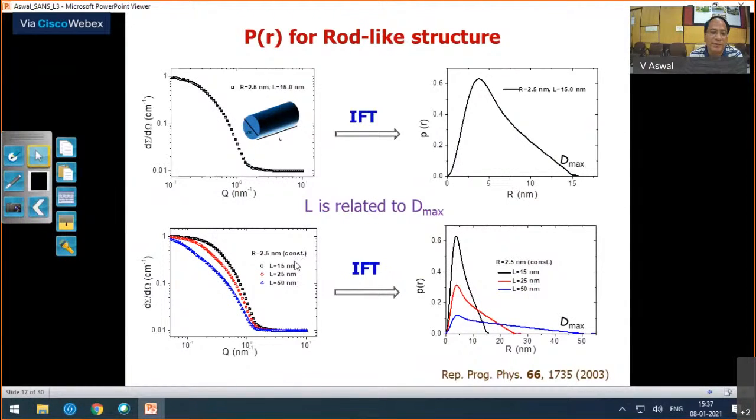And then when you have radius fixed and different lengths of rod-like particles, then in the scattering pattern you get these linear regions determined by the reciprocal of the radius and the length. And then again you can differentiate different sizes of the rod-like particles by their P of R.